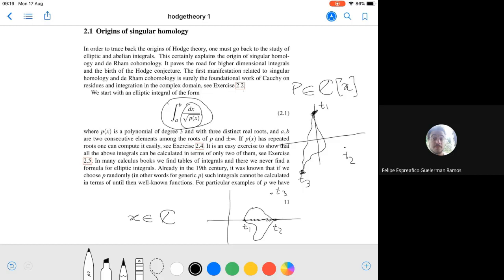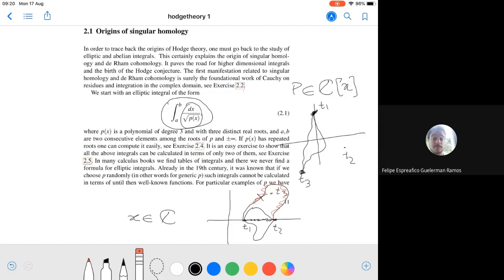For the square root, you can choose 2 values. So the integration over this path is not allowed, and the integration over this red path is not the same as the integration over this one.